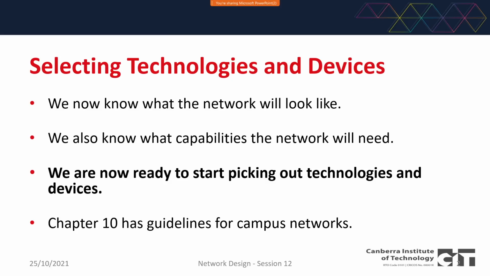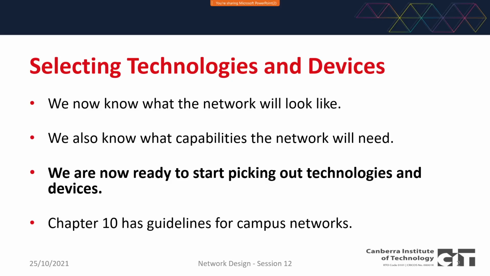So one more thing, we also need to know the capabilities of the network. Not something new to you guys. We can buy $100 switches. We can buy $1,000 switches. We can buy $100,000 switches. Okay. Now, what comes down to which one we're going to select is not only the budget constraints that we discussed on the first few weeks, but also the capabilities. Some switches they have fast Ethernet ports.